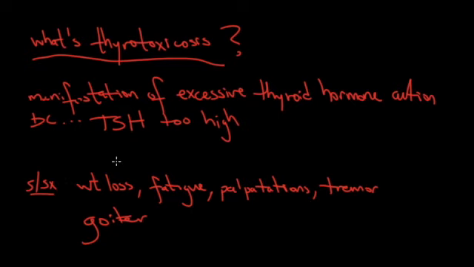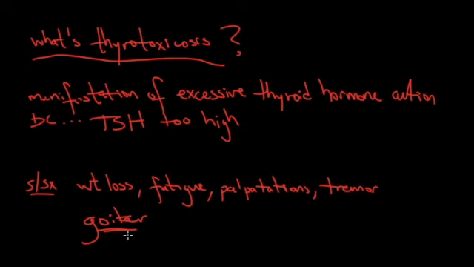Common signs and symptoms are weight loss, fatigue, palpitations, and tremor. A big and pretty easy one to spot would be goiter, so the thyroid looks enlarged. This is typically how it gets noticed in a lot of patients. So this is just a quick overview of thyrotoxicosis.